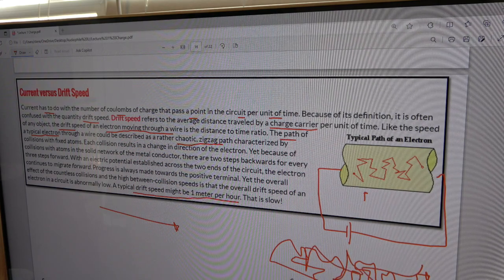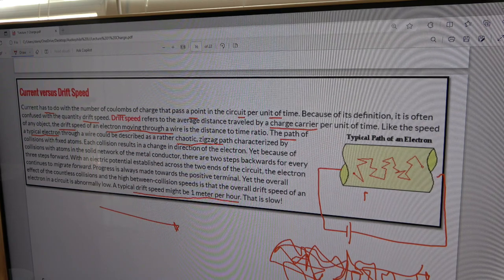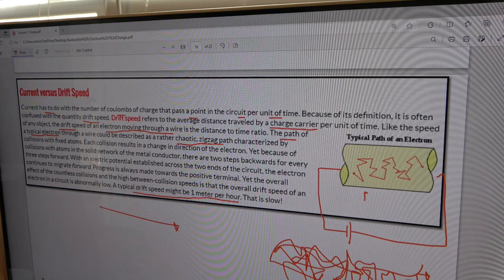Here's a third electron. Man, it's a chaotic mess. But they're all generally moving forward based on the electromotive force applied. So, I don't want you to ever think about drift speed ever again. We don't need to worry about that. We need to concern ourselves with current. And I'm just giving you the basis of it as the flow of charge.